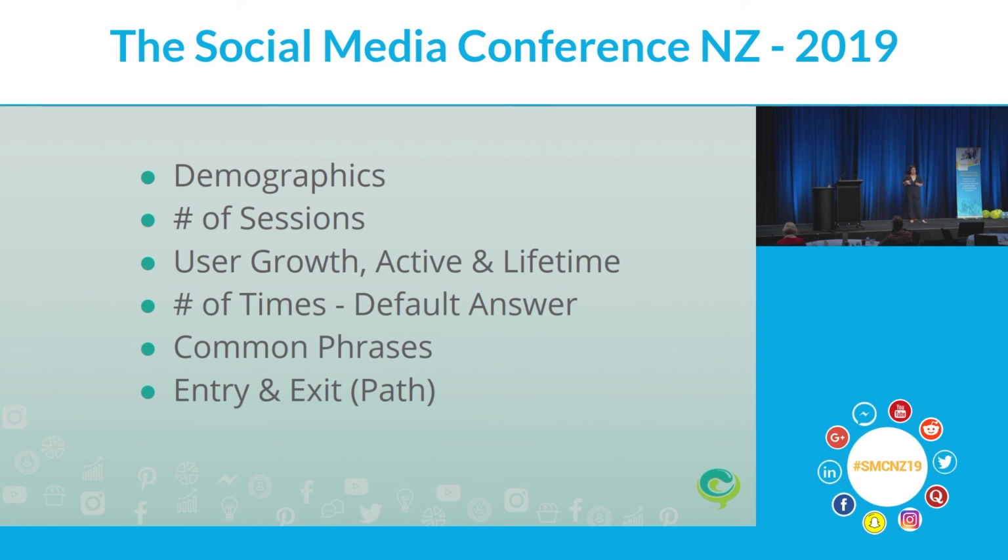The fallback. The common phrases, what do they type in that the bot doesn't understand? That's a trigger for us in the team that we should add Wi-Fi. We should add parking. People are asking about it. So we have to put that in.